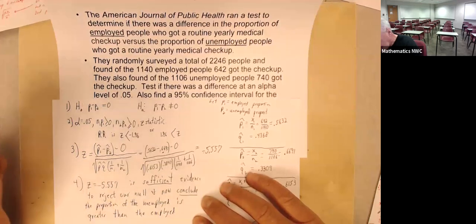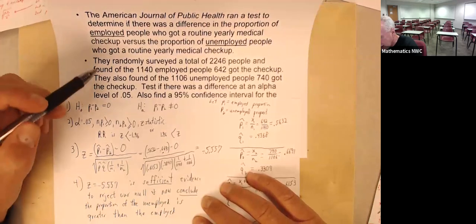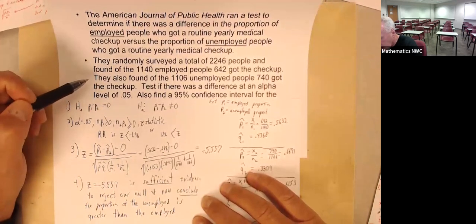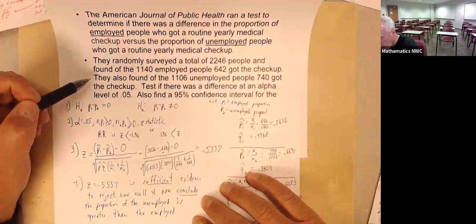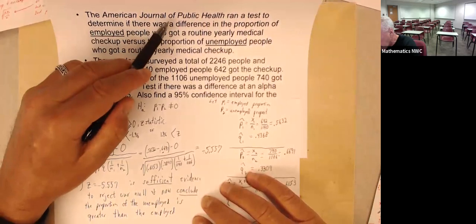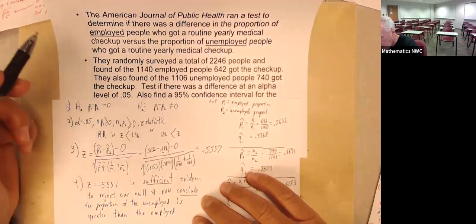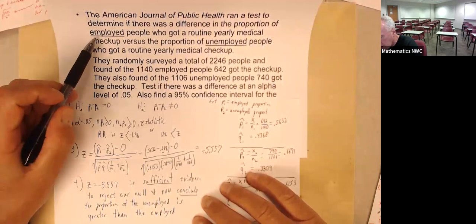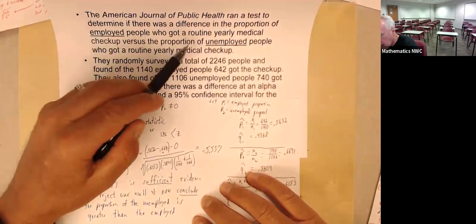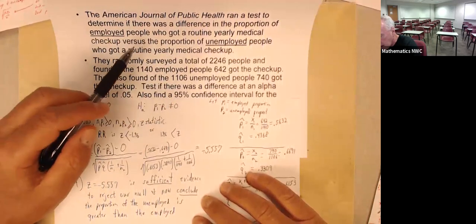And believe it or not, in industrialized worlds, that is the norm. That is kind of sad in terms of public health. That's why the American Journal of Public Health runs these kinds of tests. What they found is the people that are employed tend to believe they're too busy for a routine physical. The unemployed people probably have other reasons.